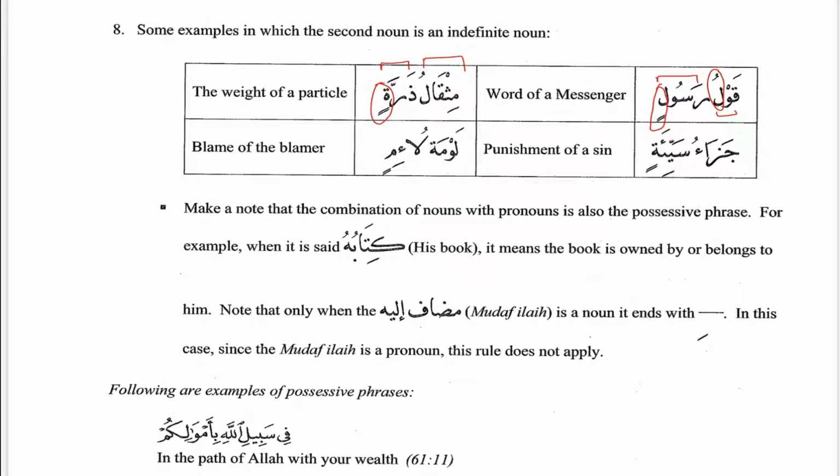So these are simple examples. We can do them. Jaza'u sayyatin, punishment of a sin. So jaza'u is the first mudaf, sayyatin, punishment of a sin.